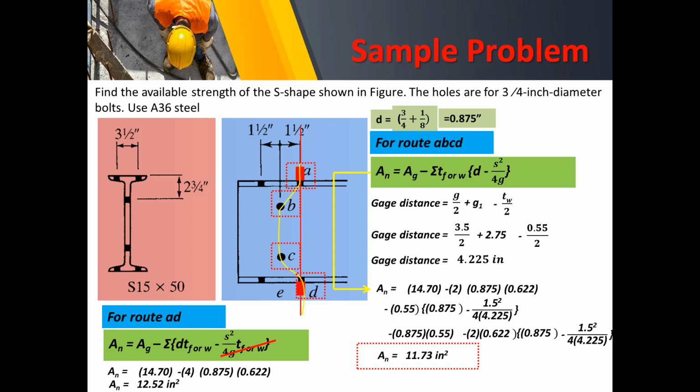So between those two, the derived net area between those two roots, we will consider the smallest or the least net area. Hence, we have 11.73 square inches. So with that, we can take this as our effective area in the calculation of the available strength.